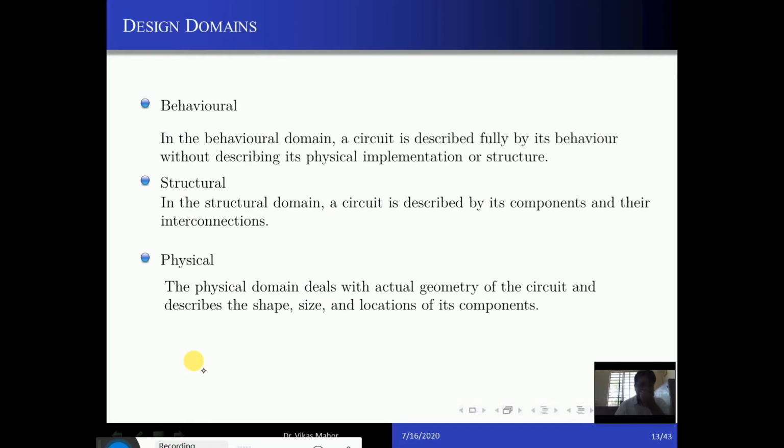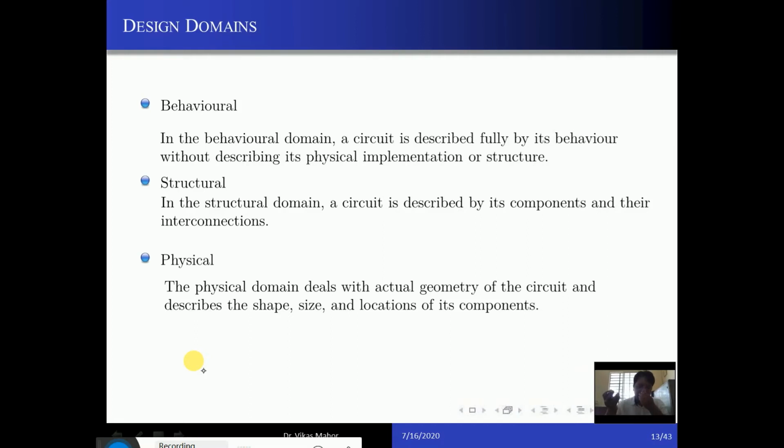What is behavior? Behavior, we all know, is a basic English word. When you are explaining the behavior of somebody, that is behavioral. Similarly, for any circuit which is fabricated on an IC, if you are observing its behavior, then explaining such an IC in this context is known as behavioral design.